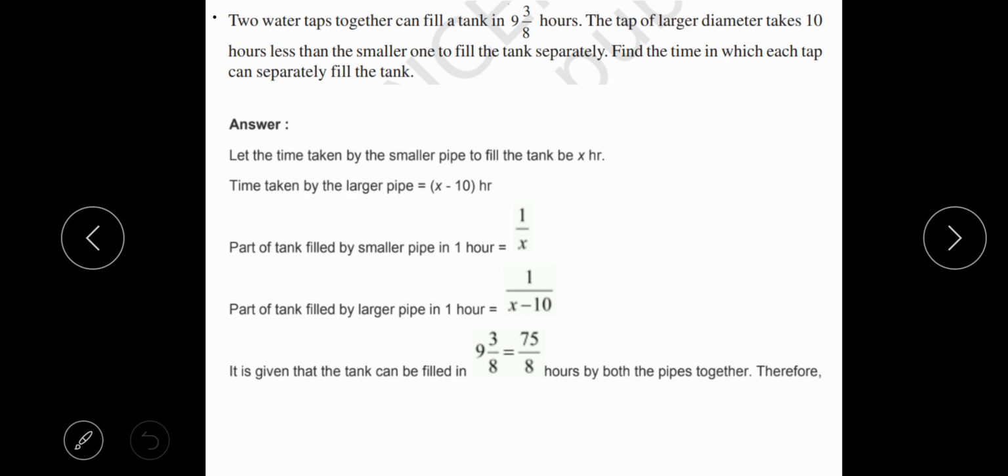The next question is again very important, related to a tap problem. Here we have been given two types of tap. One has a larger diameter and the other has a smaller diameter. Two water taps together can fill a tank in 9 and 3 by 8 hours, meaning 75 upon 8 hours total time is given. Also, the tap of larger diameter takes 10 hours less than the smaller one.